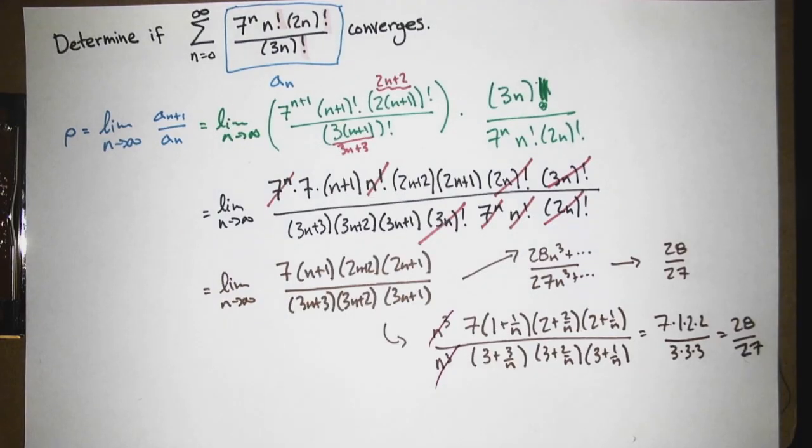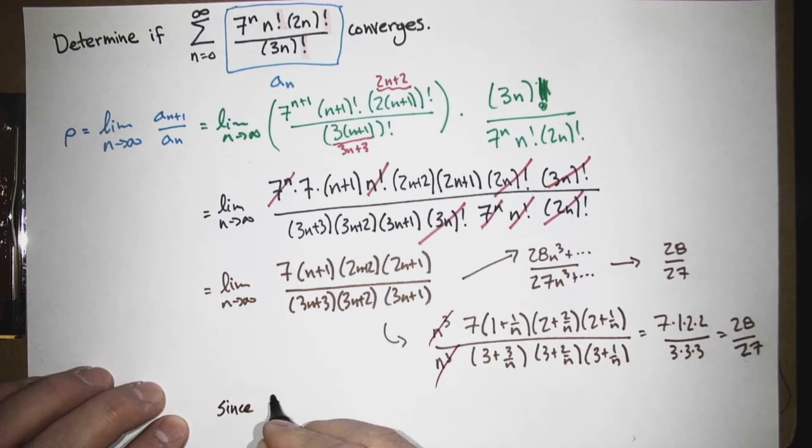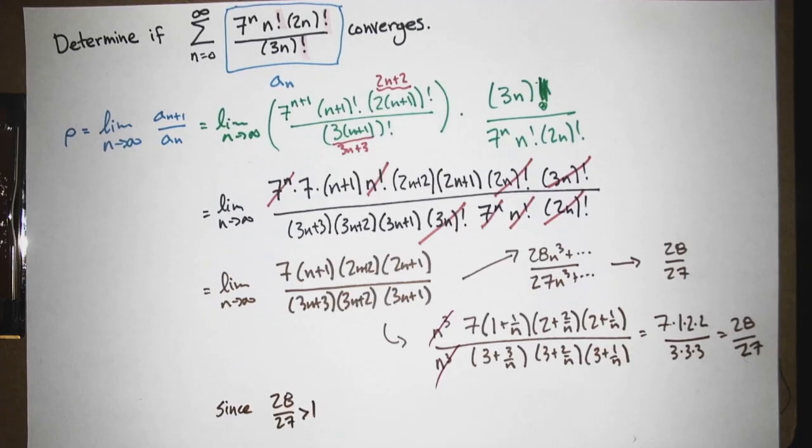All right, so a couple ways to think about it. But what's our conclusion? What's true about 28 over 27? It's bigger than 1. It's not bigger than 1 by a lot, but it doesn't have to be bigger than 1 by a lot.